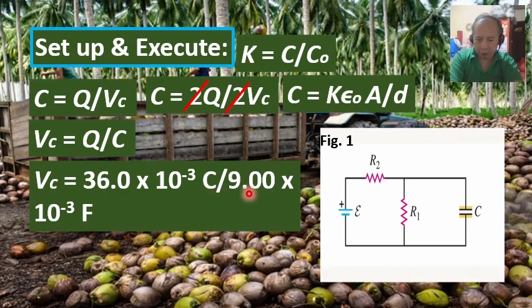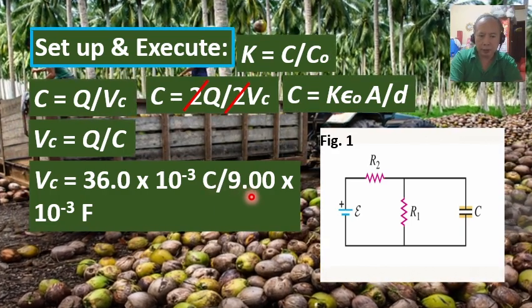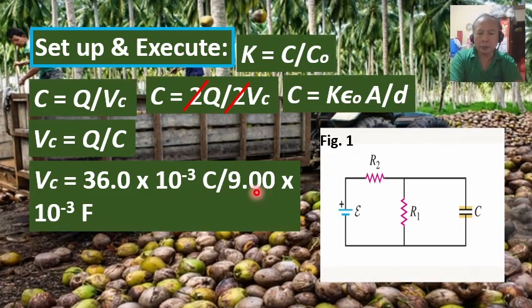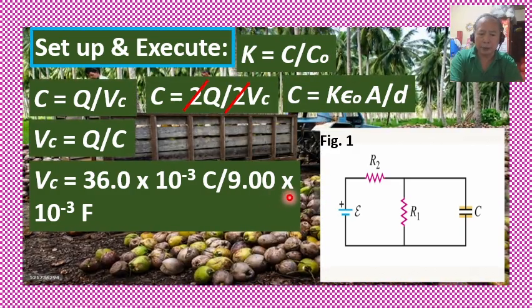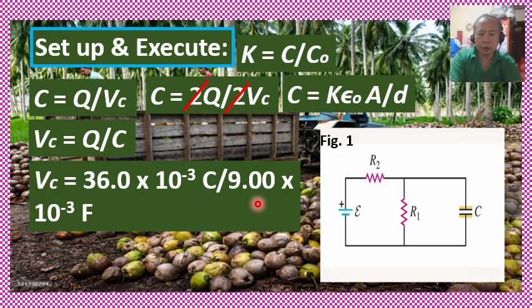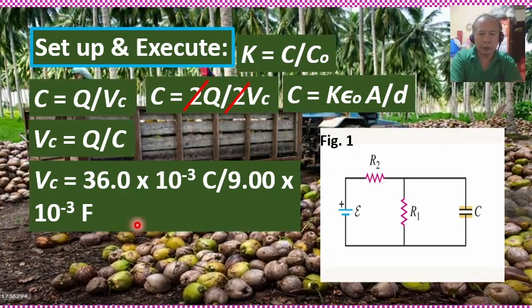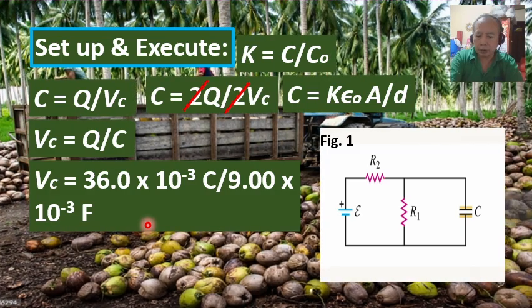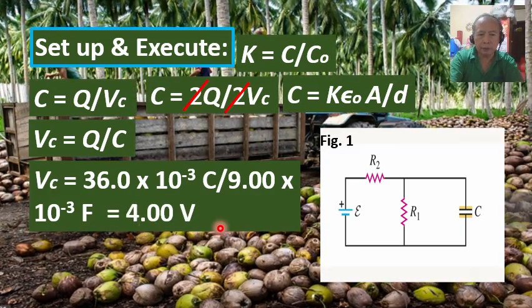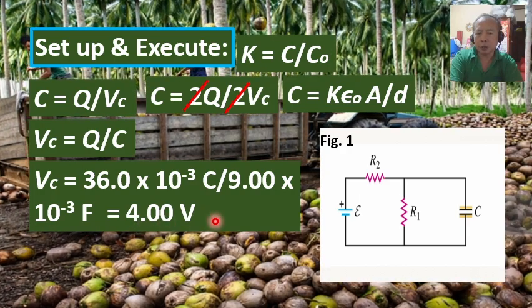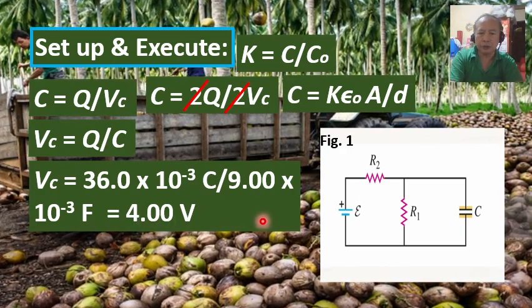And that is divided by the amount of capacitance given in the problem, 9.00 millifarad, or 9.00 times 10 raised to the negative 3 farad. So when you do the math, we get the value of V sub C equal to 4.00 volts in three significant figures.